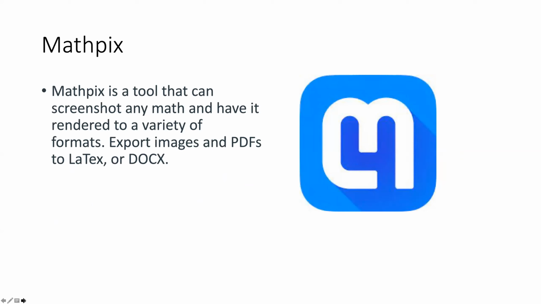And you can get Mathpix, a free version, as I said, it's 50 snips a month or 50 pictures a month of math. And depending on your needs, that might be all you need. It's a very, very versatile piece of software, and it's essentially free. There's a paid version, which you may or may not use.